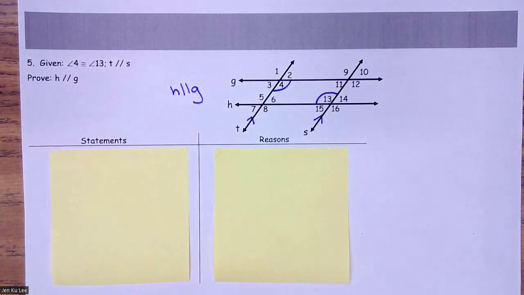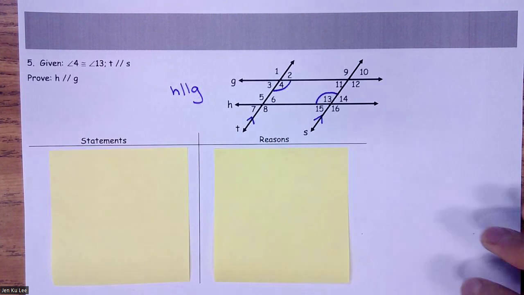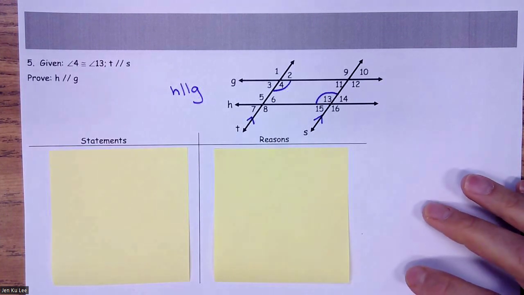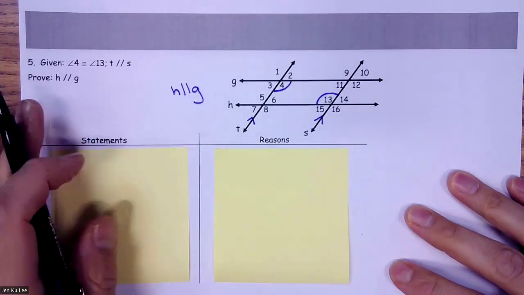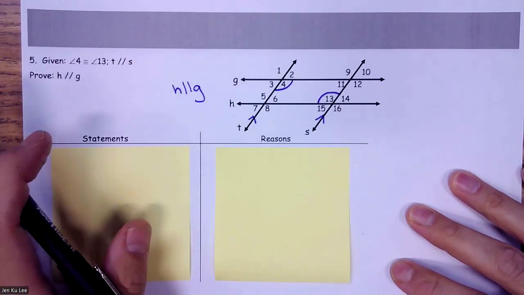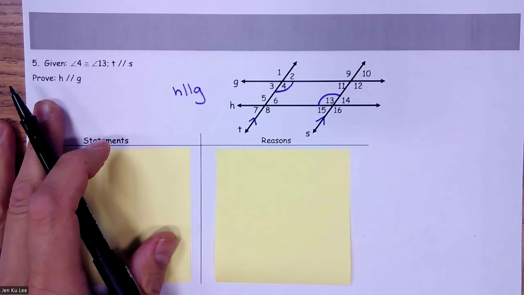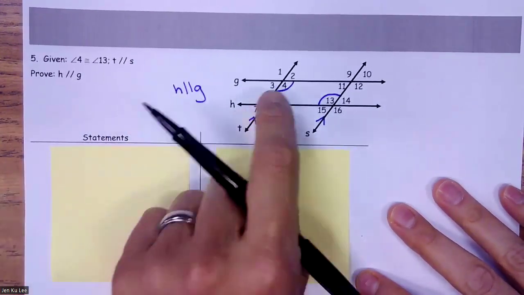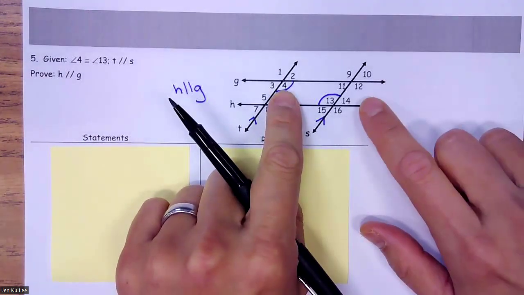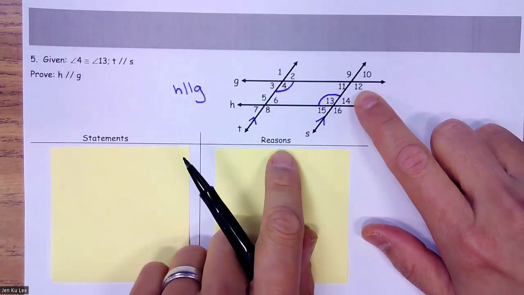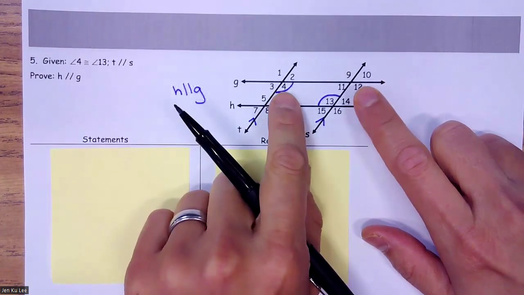So here we can do this proof in a multiple of ways. There are a lot of ways you can do this proof. And the way that I'm going to choose is I'm going to say that angle 4 is congruent to angle 12, right? Because they're corresponding angles.